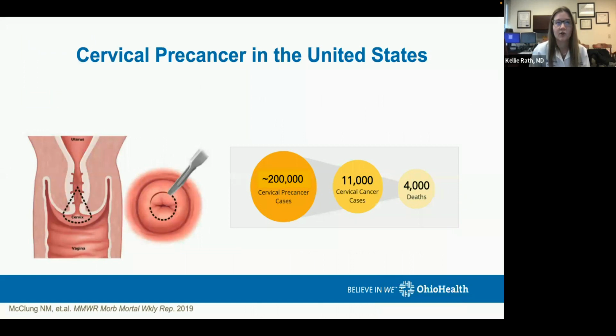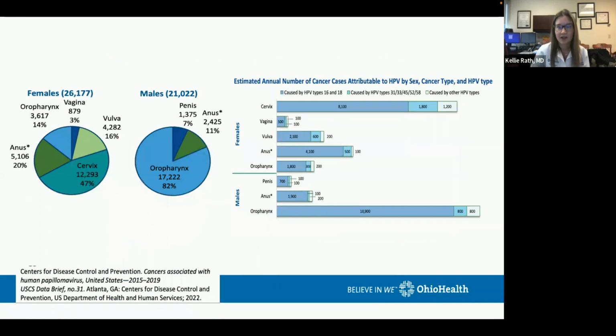A lot of times we think about cervical cancer being the biggest problem associated with HPV infection, but cervical precancers are actually a huge problem, with about 200,000 women being impacted each year. When we think about the cancers caused by HPV infection, we're looking at about 26,000 women and 21,000 men being impacted each year.